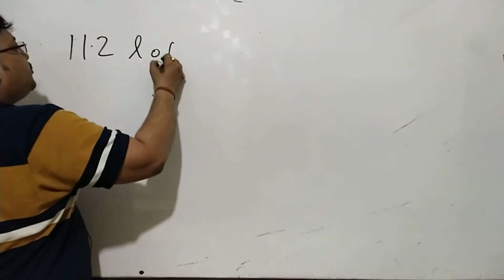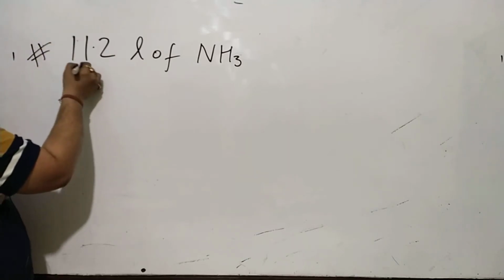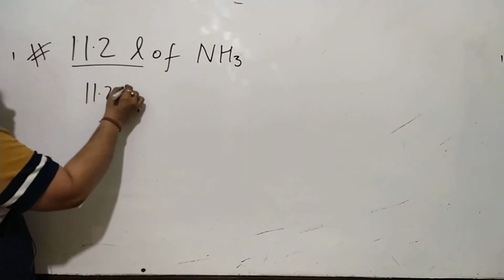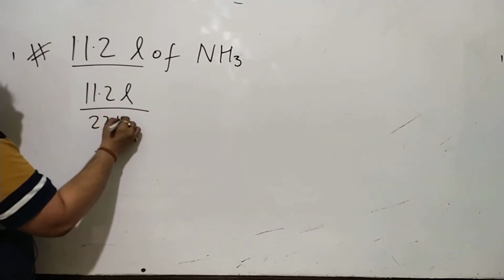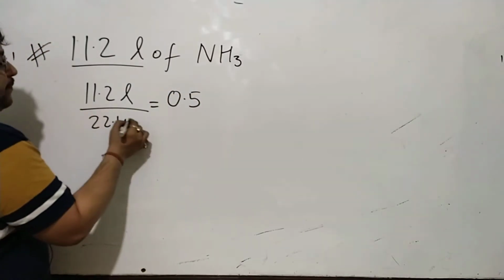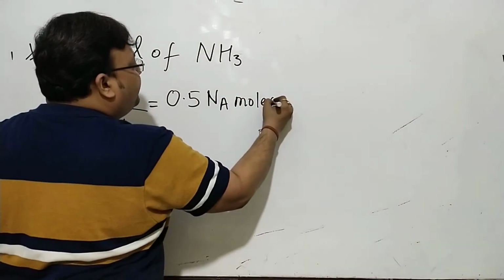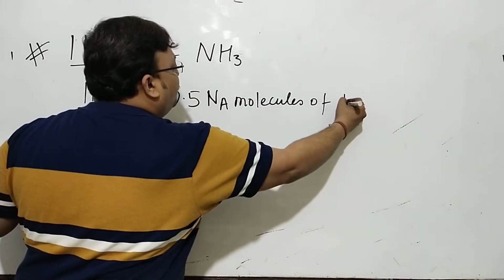In volume, 11.2 liters of ammonia. Now right away you will want to divide this volume by 22.4. When you divide it by 22.4, it's half a mole. Now it's half Na molecules of ammonia.